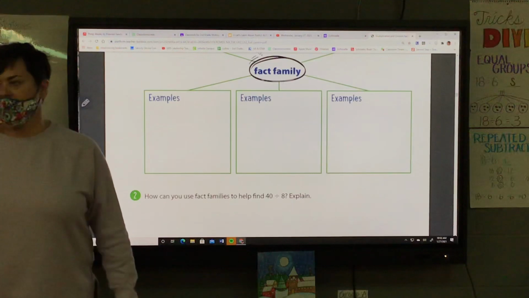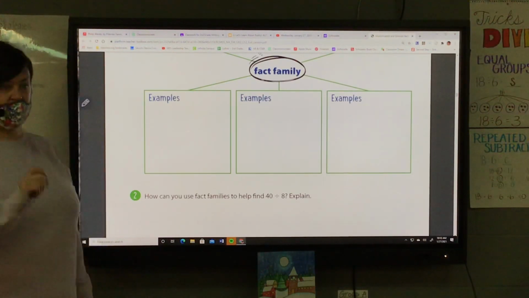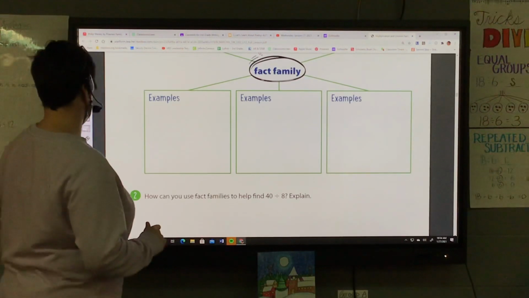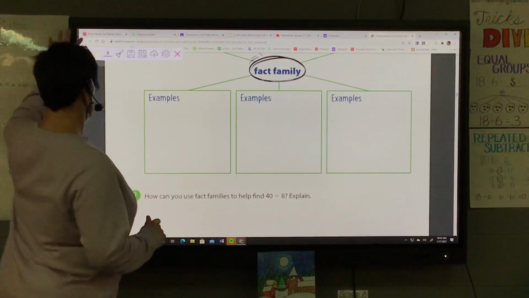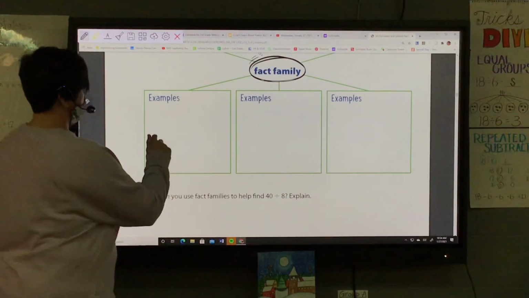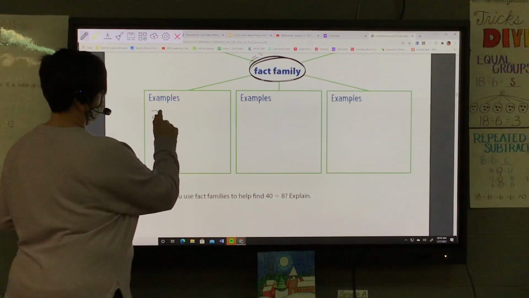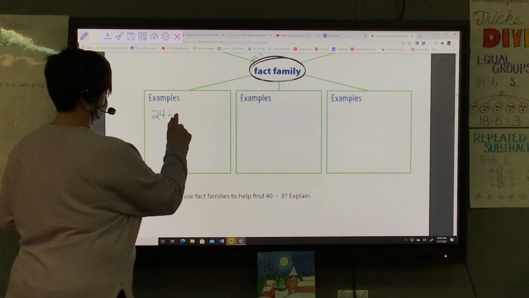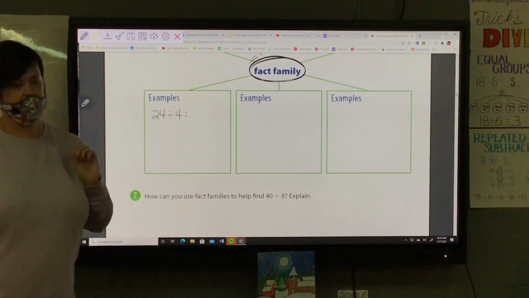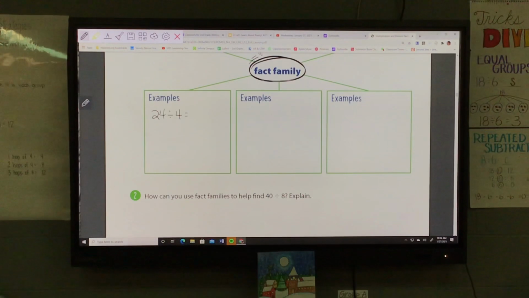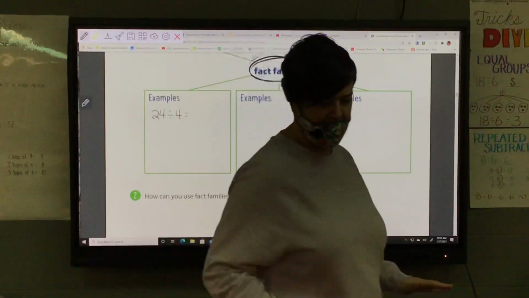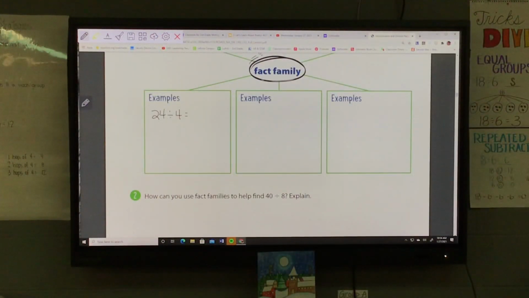Okay, I'm going to start an example for you. Do you think you'll be able to finish it though? I think that I'll trick you on this one. Can you finish it? Can you figure it out?